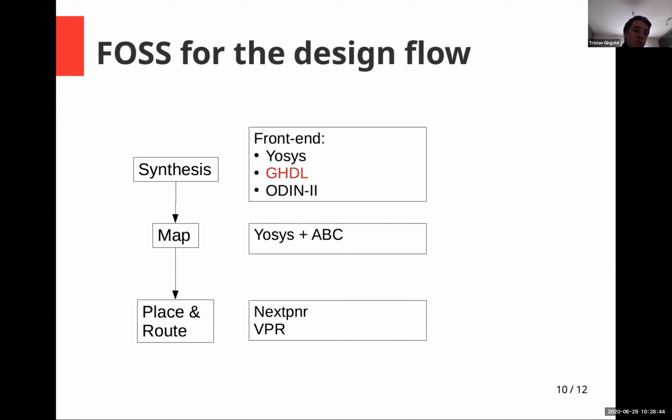But if you want to do VHDL, you can also use a VHDL plugin that just acts as a front-end for Yosys. For mapping the output of synthesis, Yosys can do it using ABC. And for place and route in the FPGA area, you can use NextPNR and VPR.